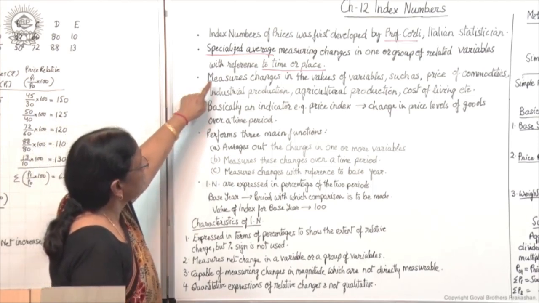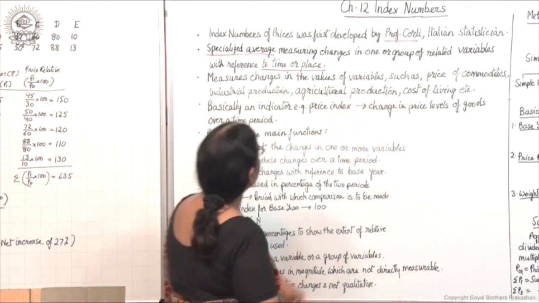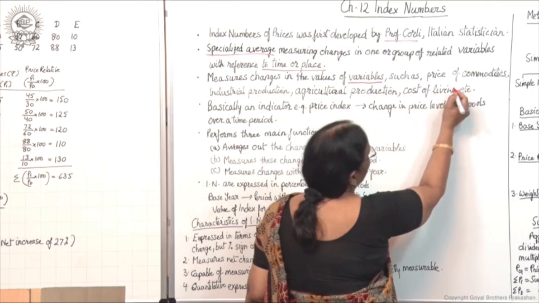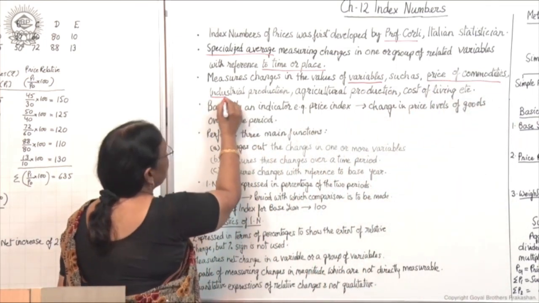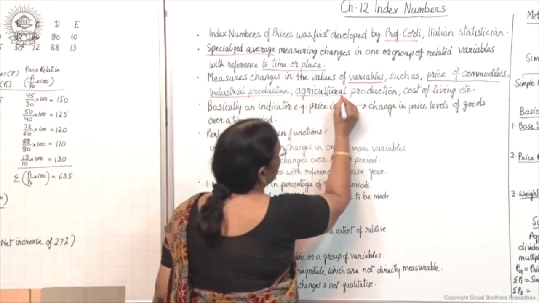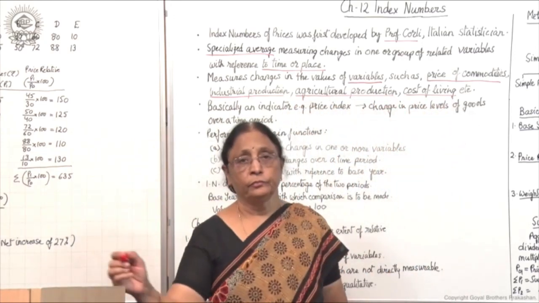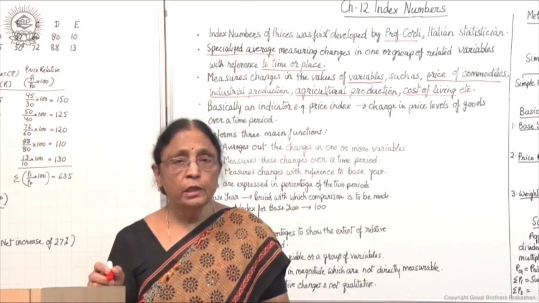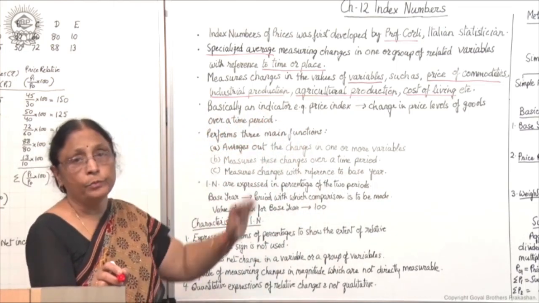Index number measures changes in the values of variables such as the price of commodities. These are values of variables, for example price of commodities, industrial production, agricultural production, cost of living, etc. Earlier it was used only for measurement of prices, but now it is used for different purposes.